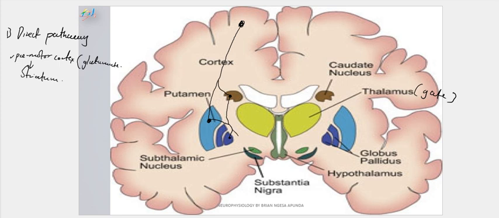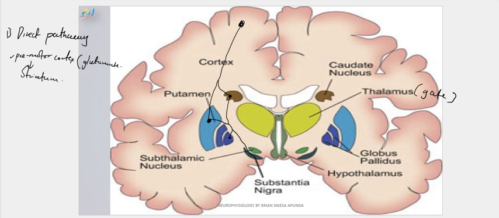So we can see the substantia nigra over here. Just like the word suggests, substantia nigra means somehow black. So the darkened area in this particular spot.